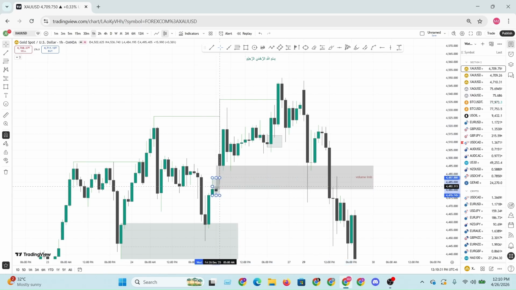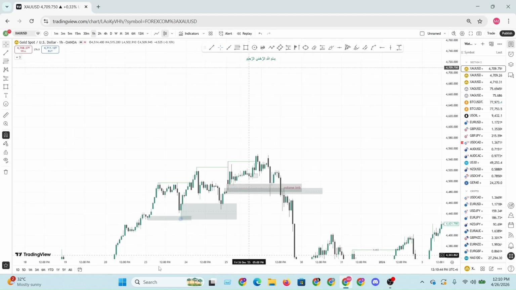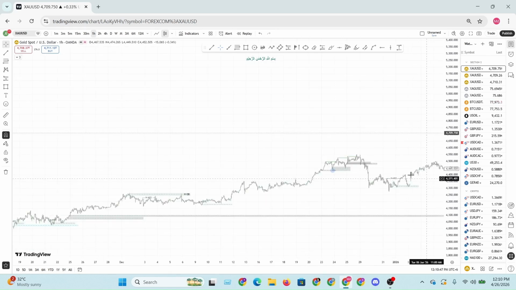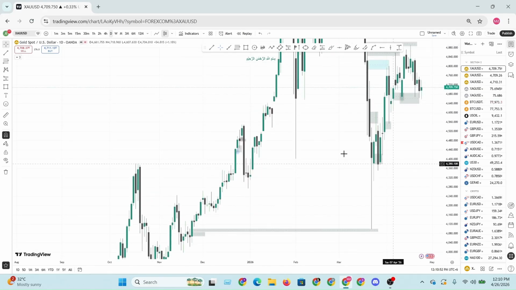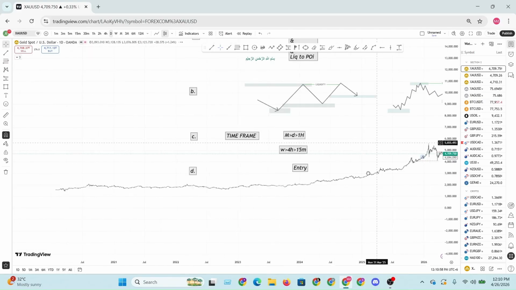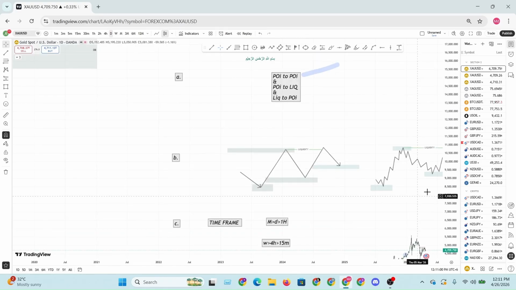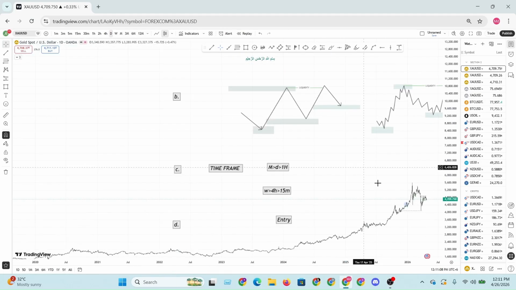So the first candle here is what we call an order block. Okay, so you saw how the market moves. Market moves from POI to POI, POI to liquidity, and liquidity to POI. Okay.